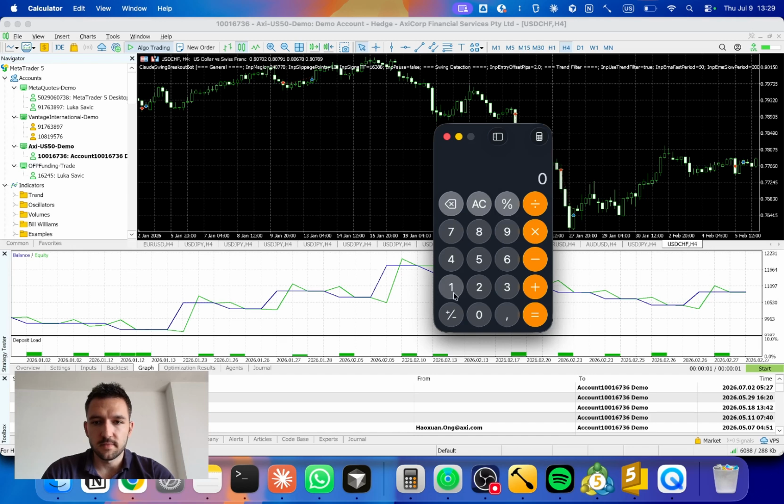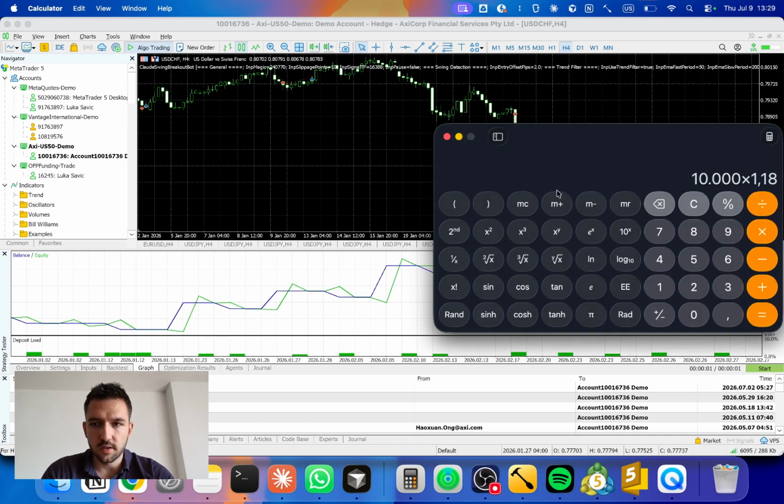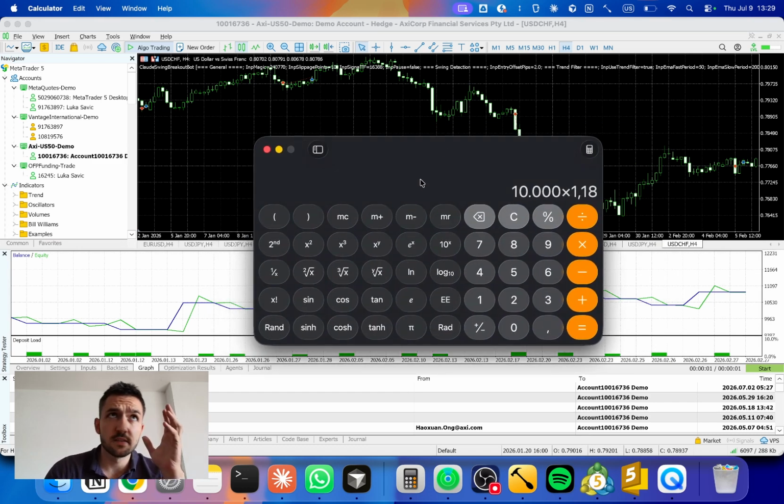So that means a $10,000 account times 1.18, and we need this calculator. Since it's 3 months, that's a quarter, and we have 4 quarters in a year, so we put that to the fourth.